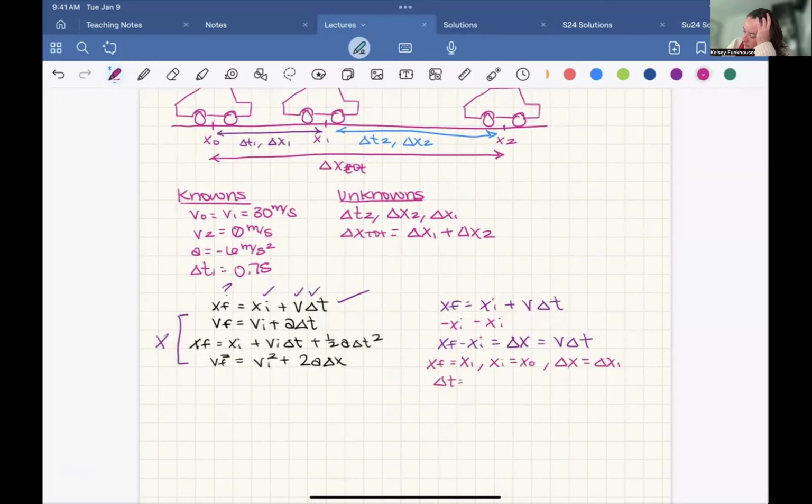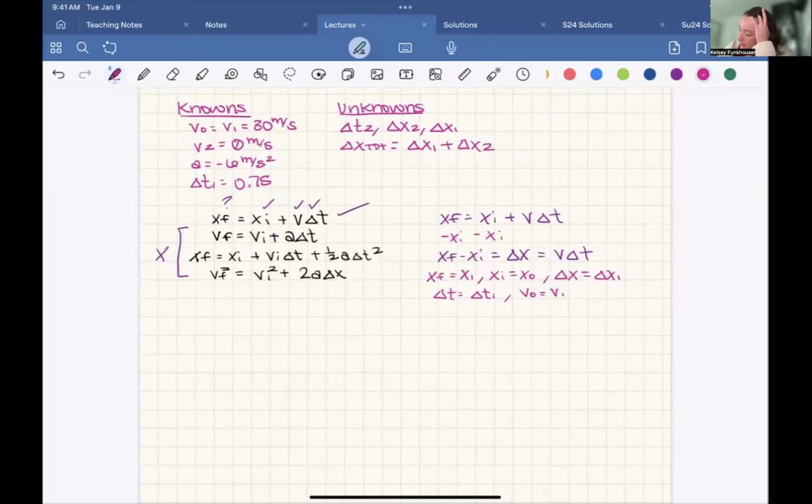Time interval is time interval 1. And this velocity is velocity initial, which is also velocity 1 because it doesn't change in that time. Now, going back to the equation, we have displacement 1 equals velocity initial times the time interval 1.